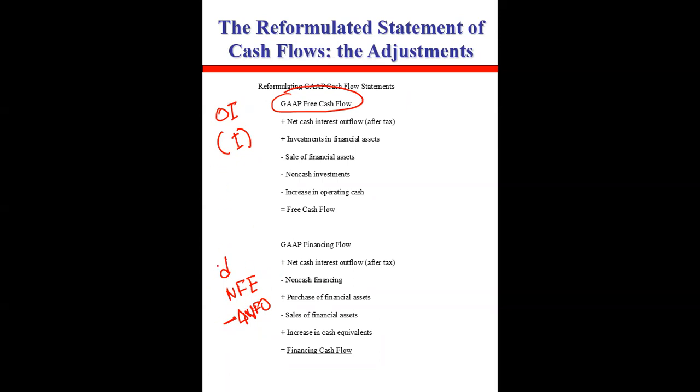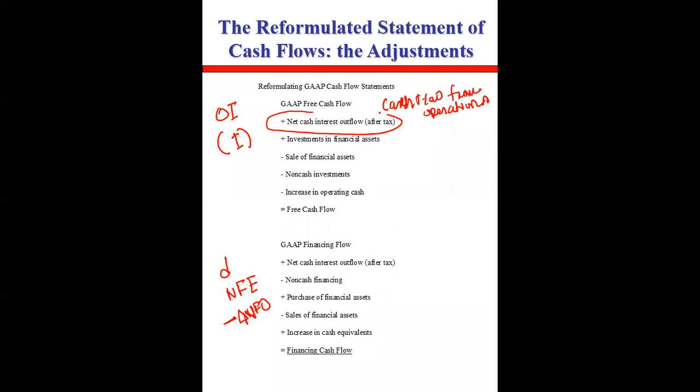You can recall the method 1 and method 2 here. Okay. You see, first thing first, you have a cash flow from operations. From where? From the standard cash flow. With this cash flow from operations, you need to add back the net cash interest payment after tax.